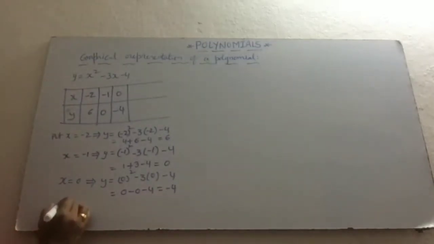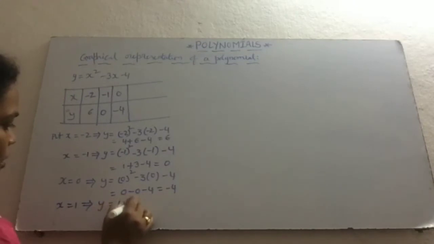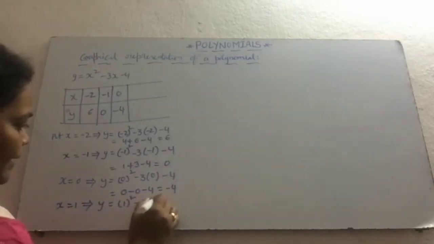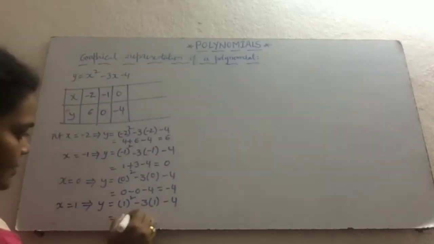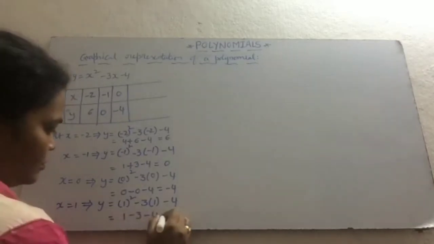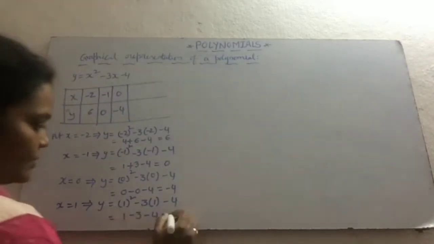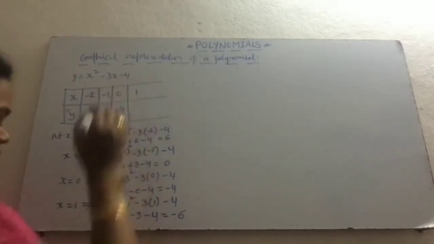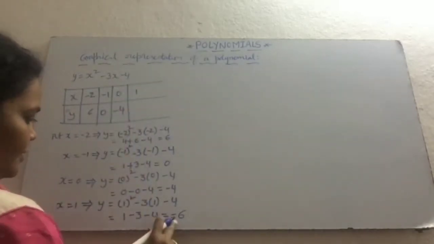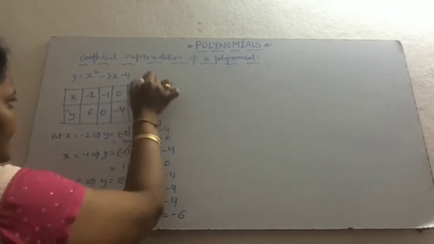And next if x equal to 1, then the value of y equal to 1 whole square -3 into 1 -4, that equal to 1 minus 3 minus 4 that equal to minus 7 plus 1. So minus 6. If the value of x equal to 1, then the value of y equal to minus 6.